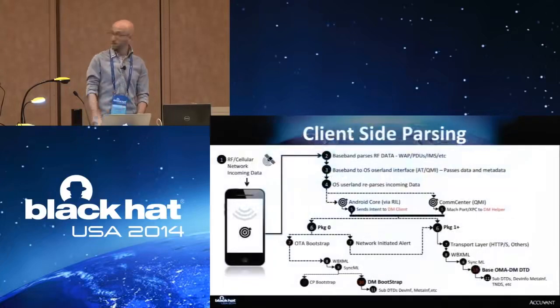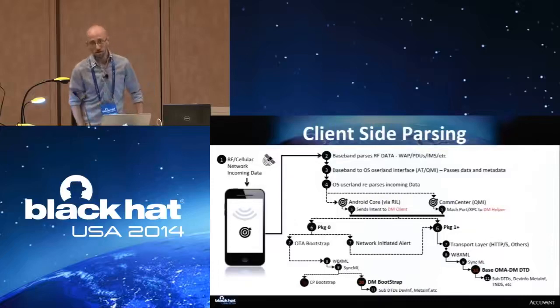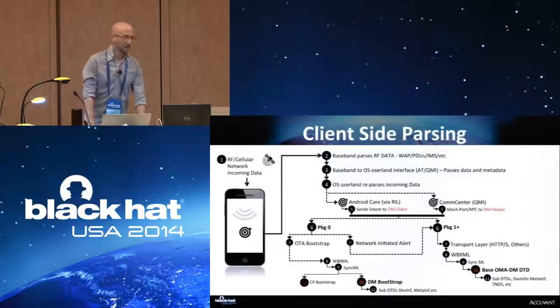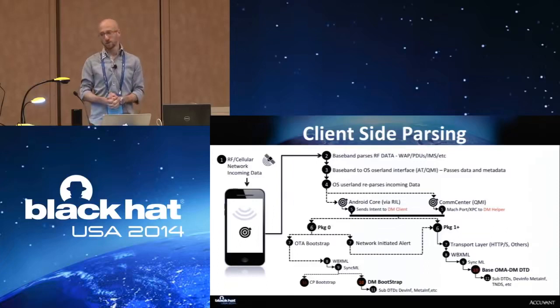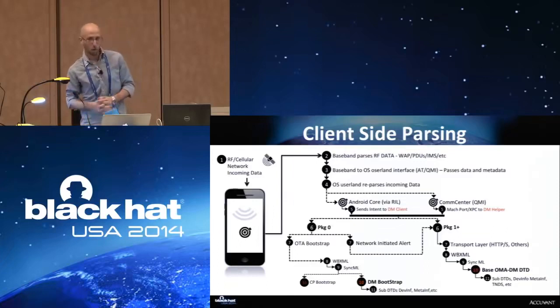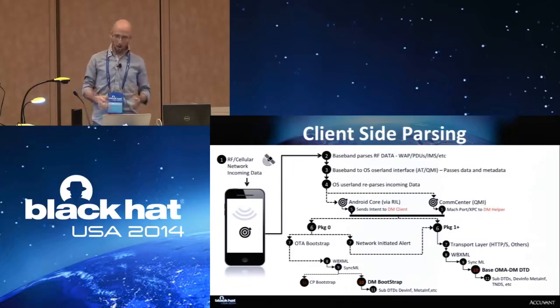Now let's go into some of the nitty-gritty of the client-side parsing. On the surface layer, it's actually not too bad. Once you start getting into it, then we start seeing the fun stuff. So I'm going to walk you through the different portions of parsing. It all starts at cellular.